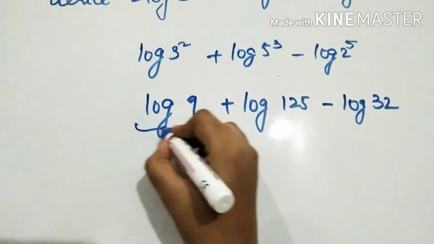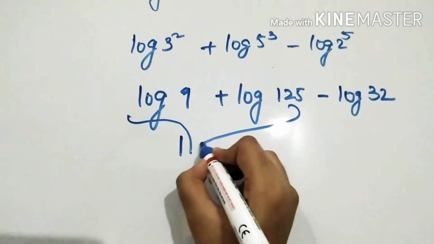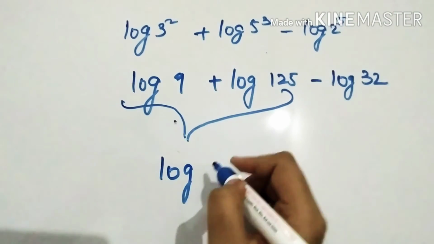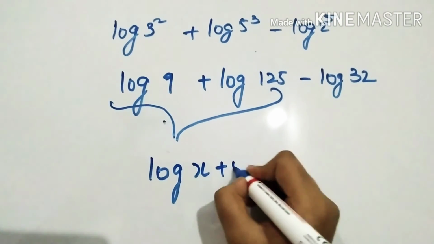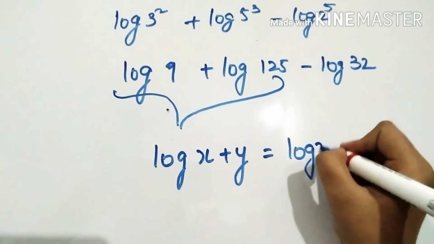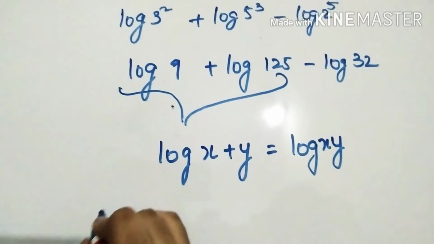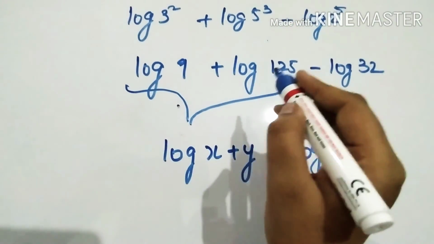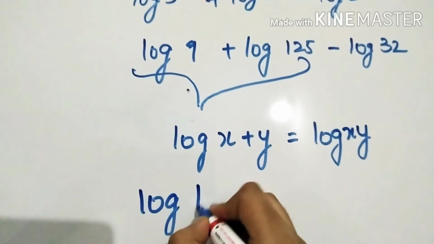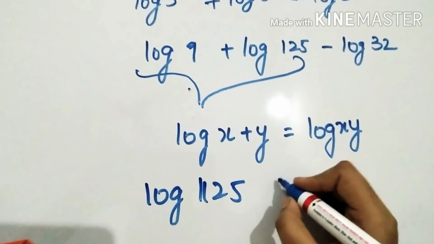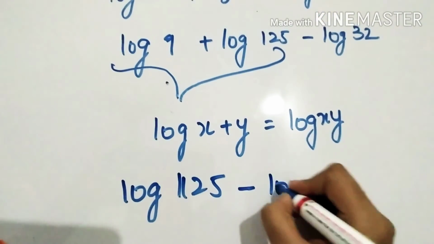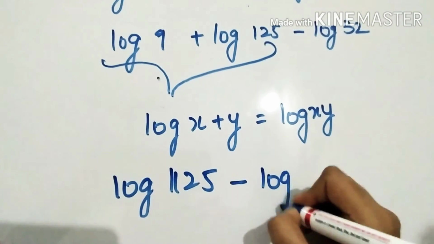So this expression basically uses log x plus log y is equal to log xy. So log 9 plus log 125 becomes log 1125, minus log 32.